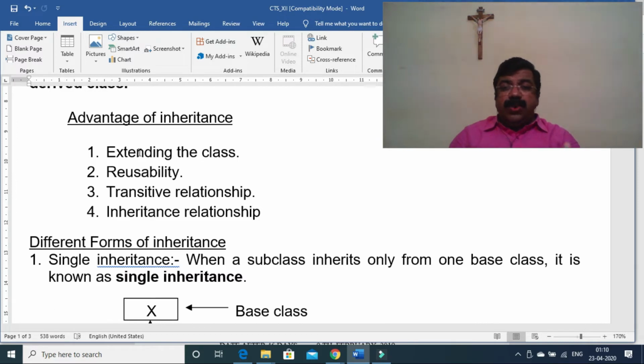Now, reusability. You can see reusability is clear from there. You are living there with your parents. The house which was made by your grandfather is reused by your father as well as you. The example is very clear.